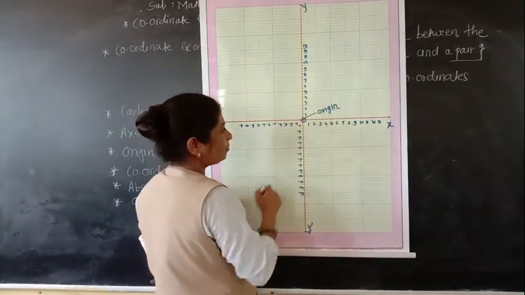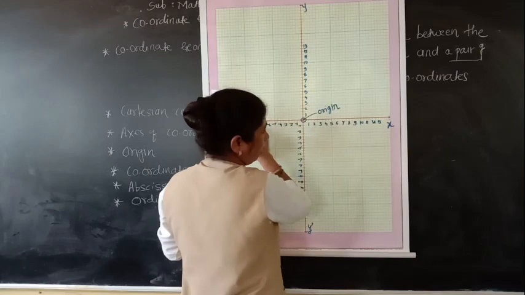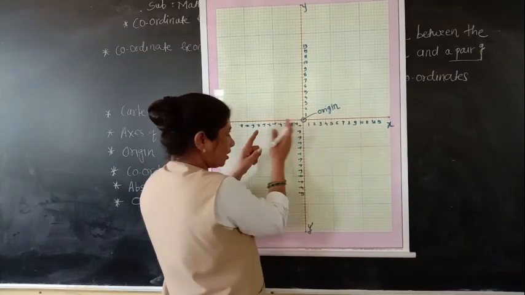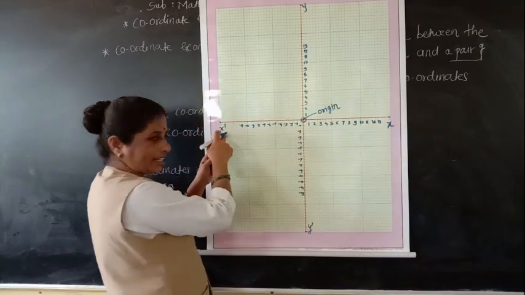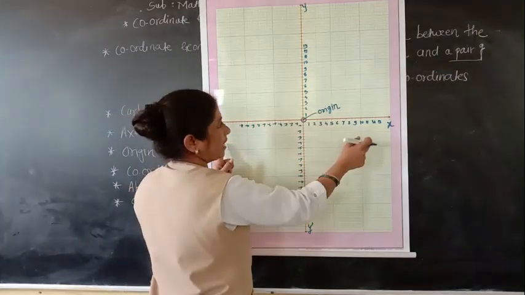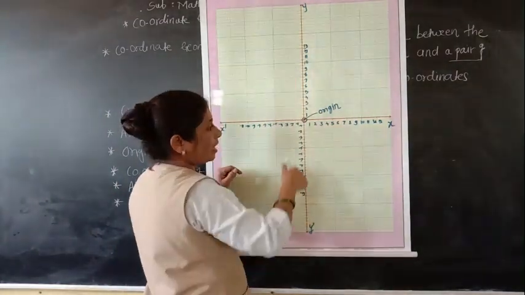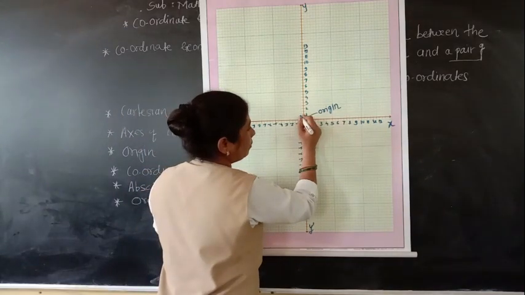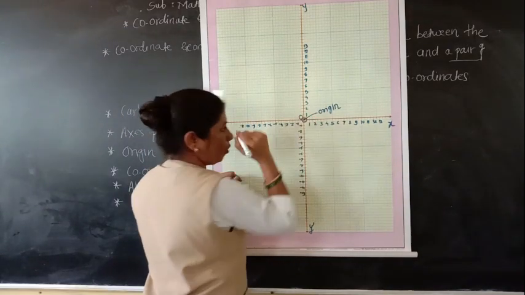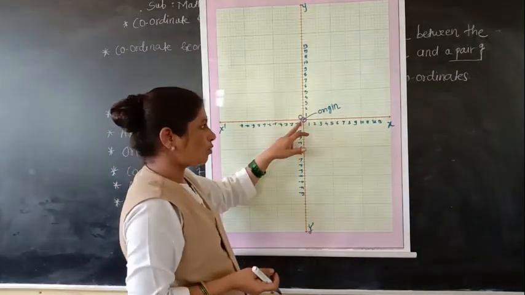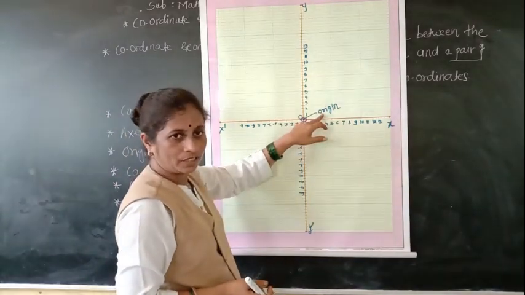Okay. Now see, here on this x-axis, this is x dash and this is y dash. Where these two number lines intersect each other, that point we denote with the letter O. Okay, and this O is called the origin, right?